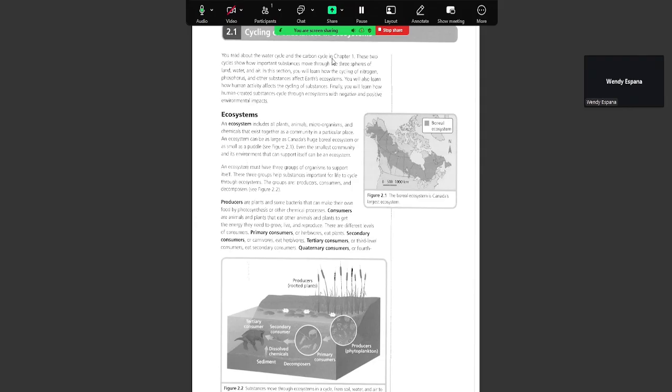Can we come up with an example of a quaternary? That's a really good question, isn't it? Because really, it's not something I've ever got an example of. So let's look it up really quickly. Quaternary is a top level predator in a food chain. Okay, so here's an example.